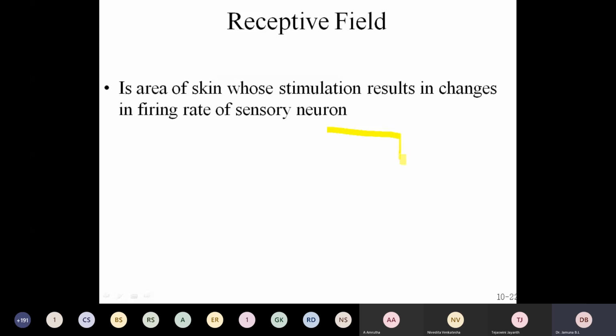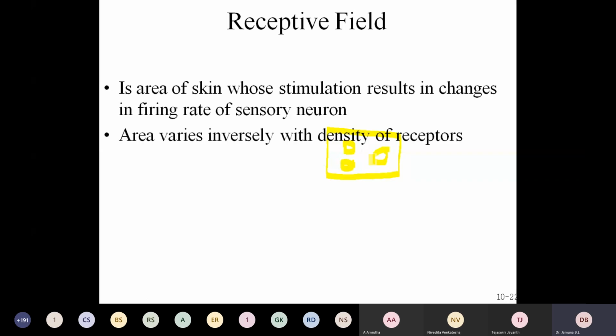Depending on the number of receptors present in that area, the rate of firing of that particular sensory neuron will change. Because of that, a change will occur.